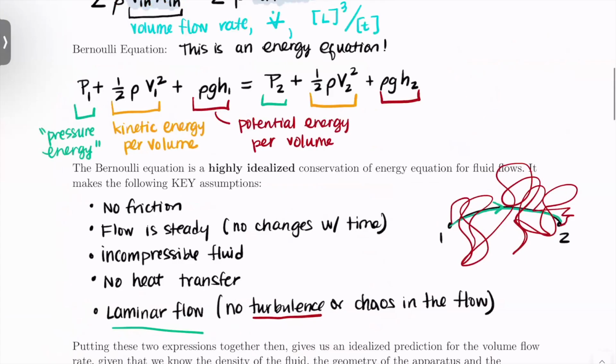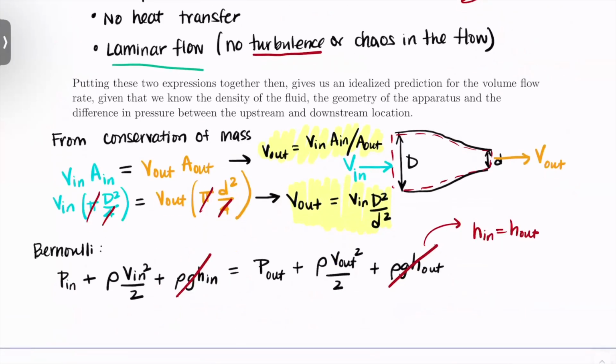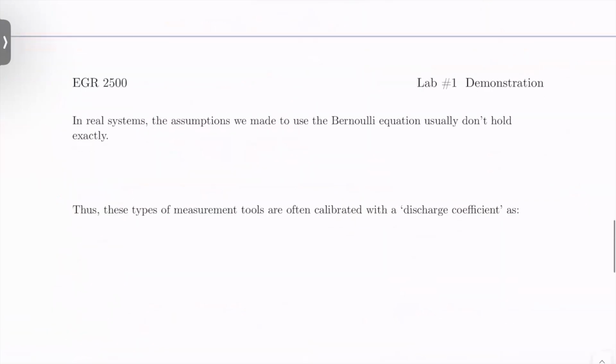Also to recap, remember I went out of my way to mention how the Bernoulli equation, the energy equation that we're using, makes a bunch of assumptions. Well, that's very important for this lab, okay? We are measuring a real system. Obviously, it exists in reality, right? And this equation is a perfect idealized construct, which is not going to be the same as reality, right? So in real systems, like the one we're going to look at, the assumptions that we made to use the Bernoulli equation don't usually exactly hold.